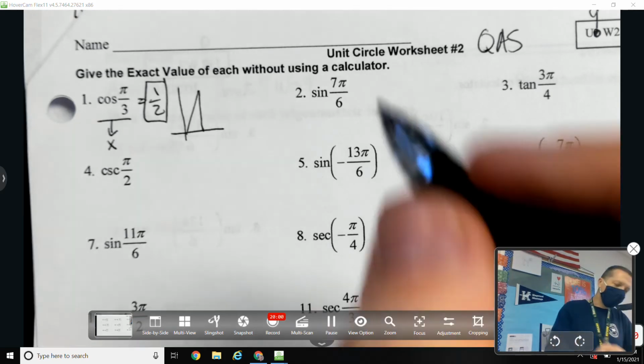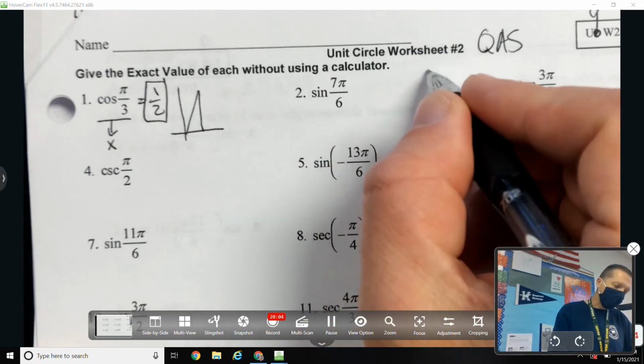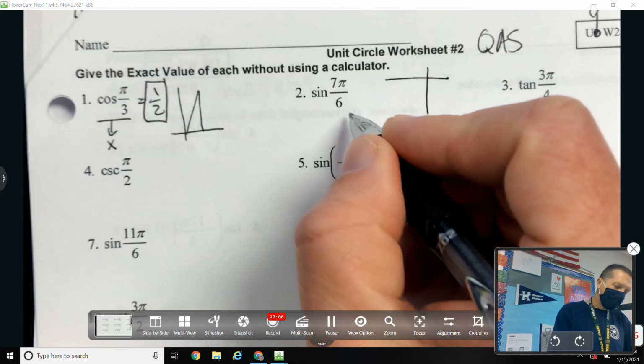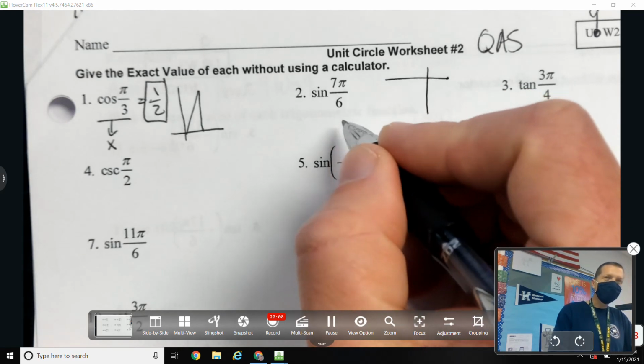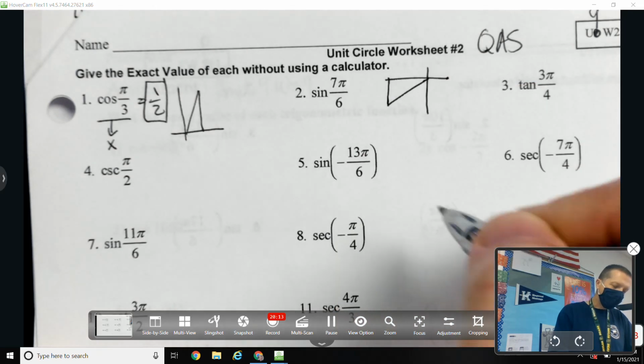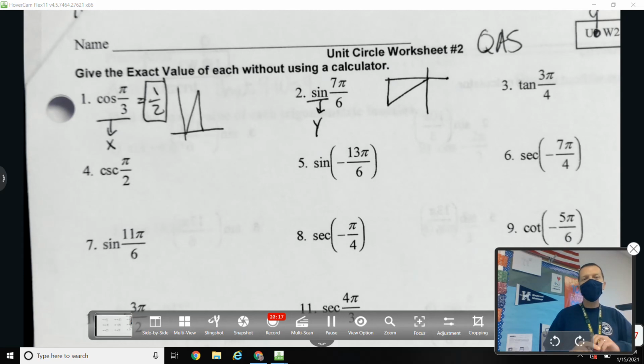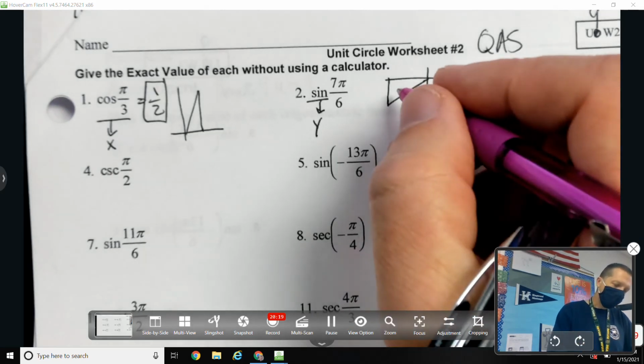Sine of 7 pi over 6. 7 over 6, a little bit bigger than 1. So it's third quadrant. Over 6 is the ones that are closer to the x-axis. That's the shallow angle. Sine is y, so again, I don't need all of the triangle. I just need the y coordinate. What's the y coordinate of that triangle?